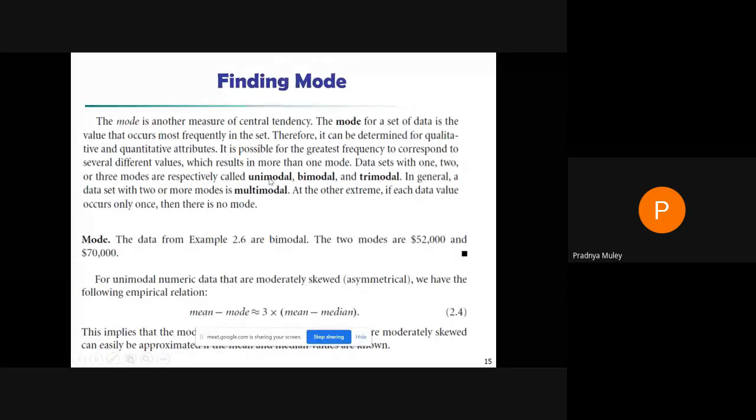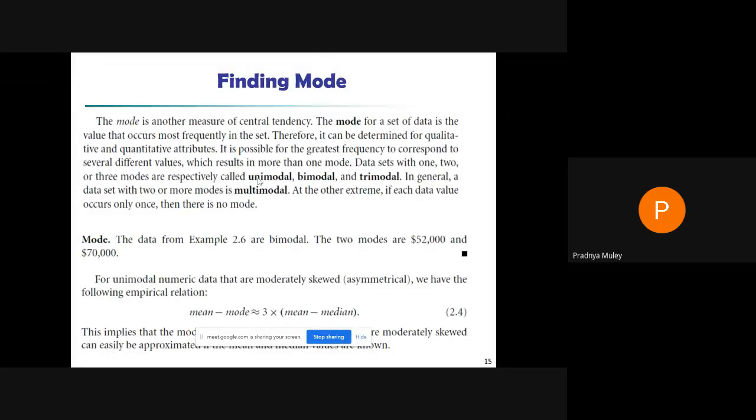That means if a data set has only one value which has occurred many times, then it is a unimodal data set. For example, if we consider age as a data set, and 25 is the age which has occurred many times, then it is called a unimodal data set.